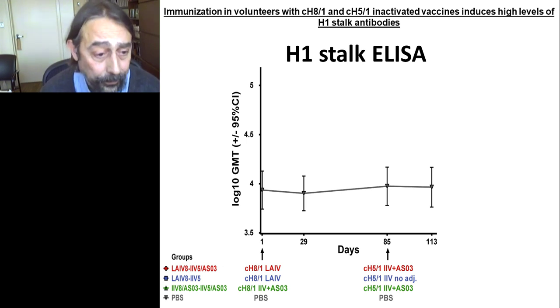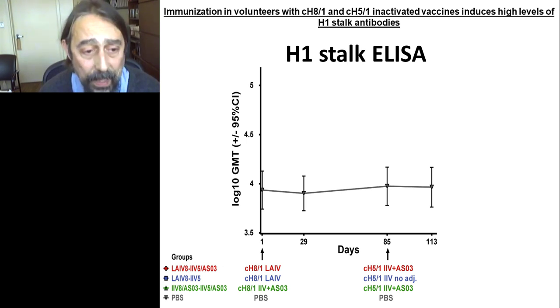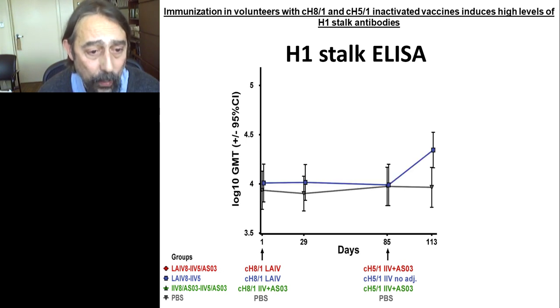In placebo individuals, we find some basal levels of stalk antibodies that we don't think are enough for protection. Now, we use an approach that is based on live attenuated followed by inactivated. We see that after live attenuated there is not much happening, but after one gives the boost with the inactivated, one starts to see antibodies against the stalk of the chimeras.